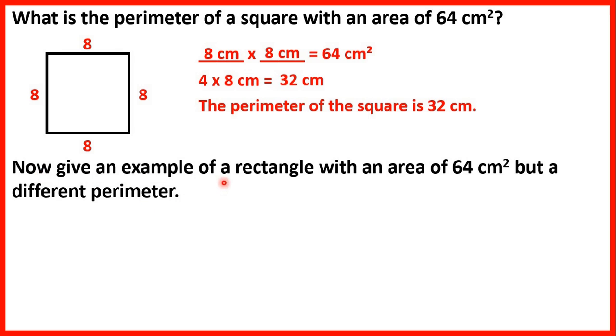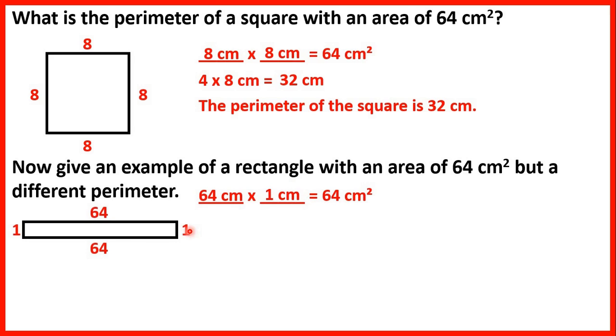Now give an example of a rectangle with an area of 64 centimeters squared but a different perimeter. So rather than 8 times 8, we can find other factor pairs for the number 64. We could have 64 centimeters and 1 centimeter, so a length of 64 and a width of 1.